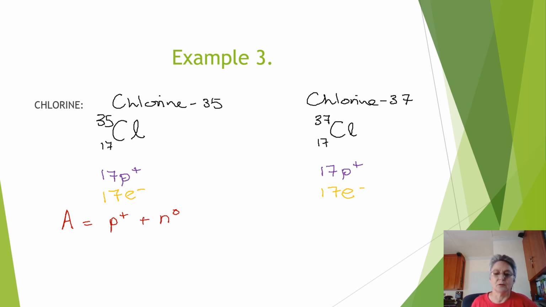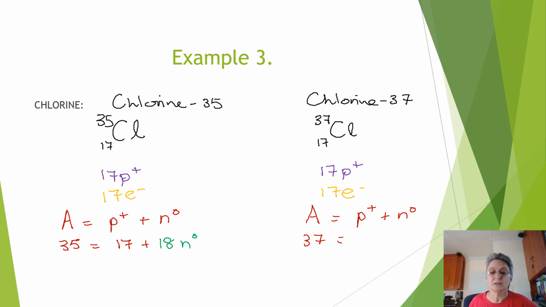So if the mass number is 35 and the protons is 17, then the neutrons must be, yes, you're right, 18 neutrons. Lastly, the mass number is the number of protons plus the number of neutrons. So if it is 37, there would be only 17 protons, so the number of neutrons would be 20.